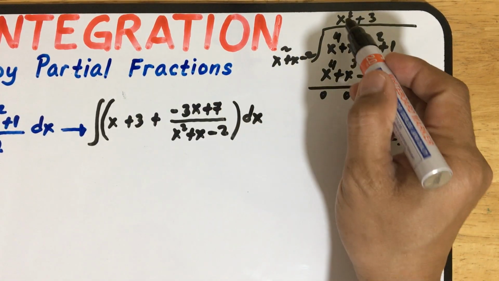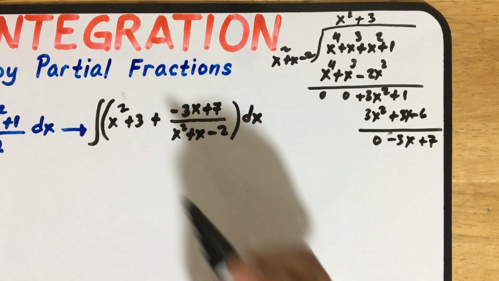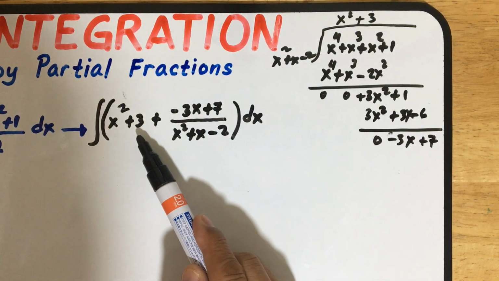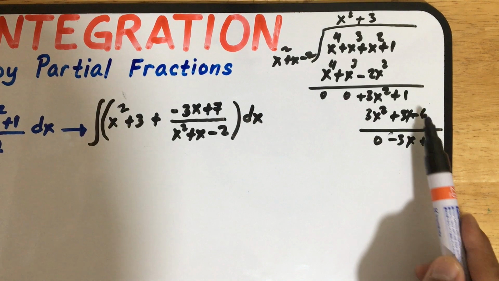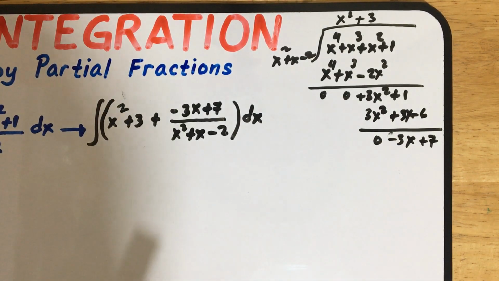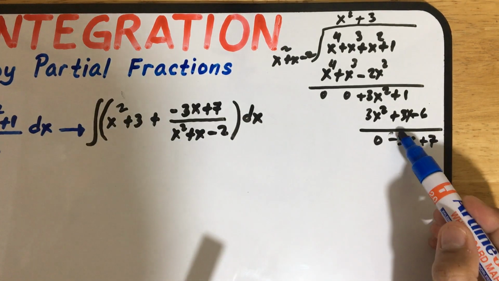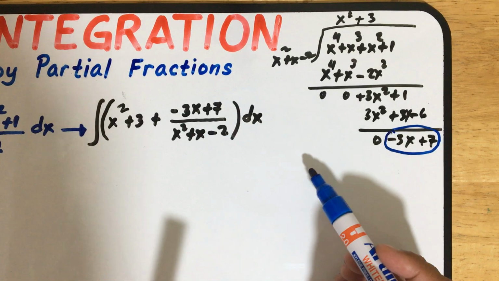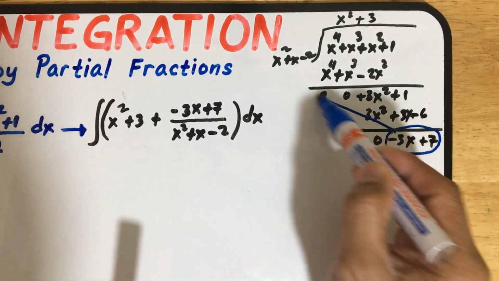From the result, this is x squared, so x squared plus 3. And then we have here the remainder, minus 3x plus 7, which is this one.